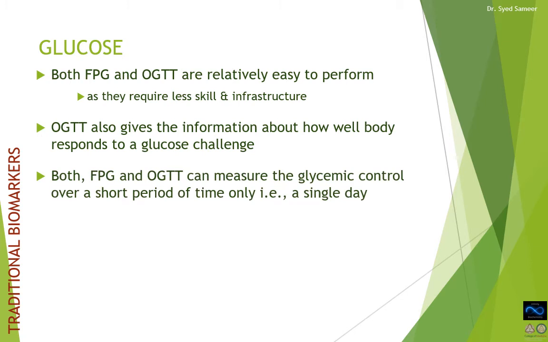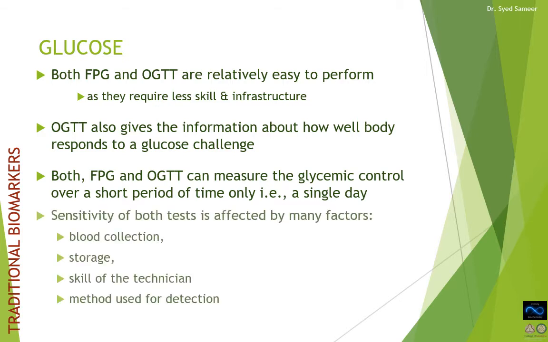However, they both give us the glycemic control over a single day only. This is their shortcoming, and their sensitivity is also affected by many factors like blood collection, its storage, the technical skill of the technician who performs it, and the method of detection as well.